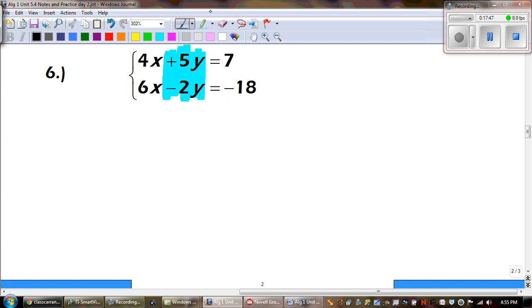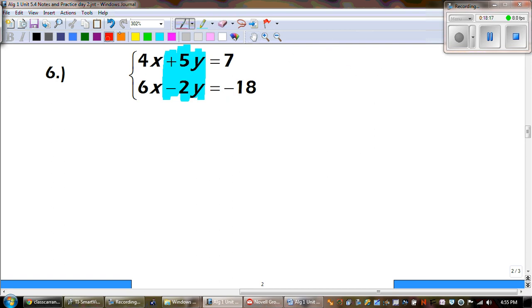So what do I multiply by? Well, the lowest common multiple that both of those numbers have in common is 10. You're like, Mr. Grice, how'd you get that? Well, if I count by 5s, I go 5, 10, 15. And if I'm counting by 2s, 2, 4, 6, 8, 10, the lowest number they both have in common is 10.